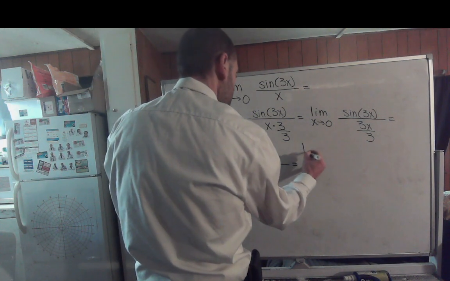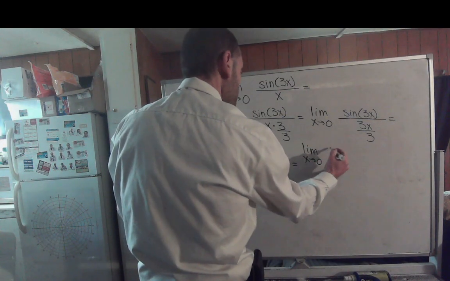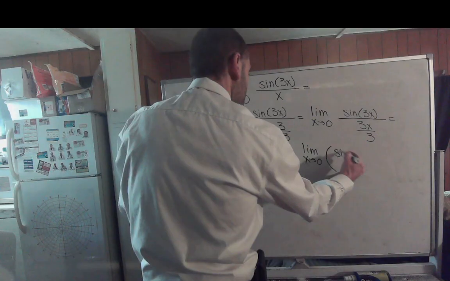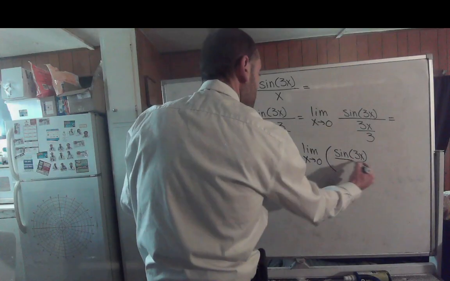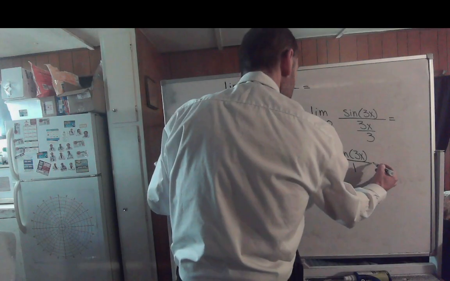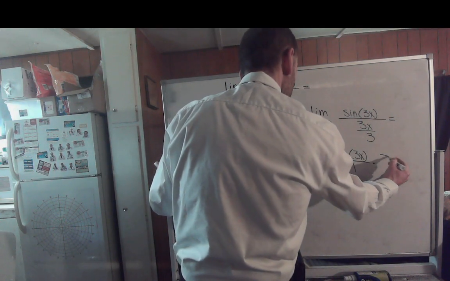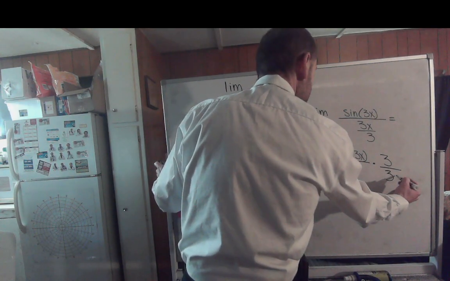So now let's actually invert and multiply. So the limit as x approaches 0 of the sine of 3x all over 1 times 3 over 3x.